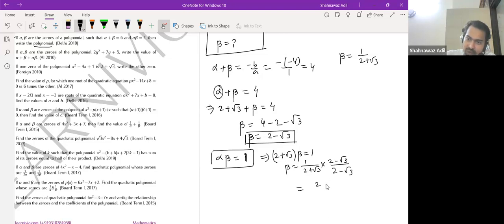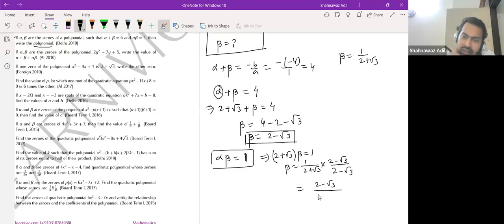Then this would be 2 minus root 3 divided by a plus b, a minus b, which is what, Amar? What is the identity, Amar? A plus b and a minus b? Okay, so whenever in our class one person has a doubt, the other people help. A square minus b square. Yes.